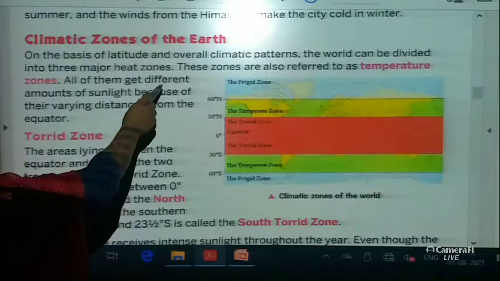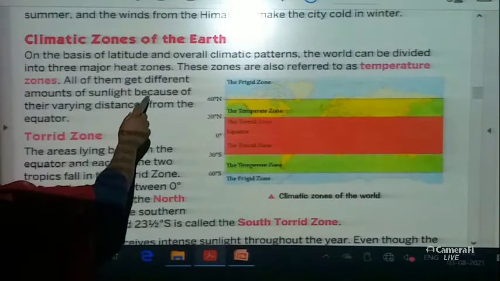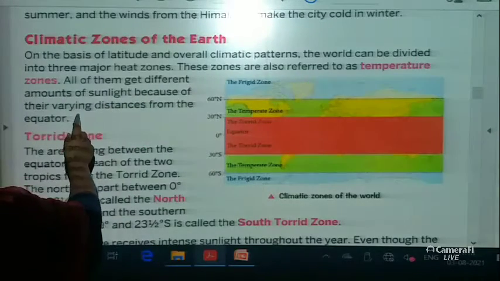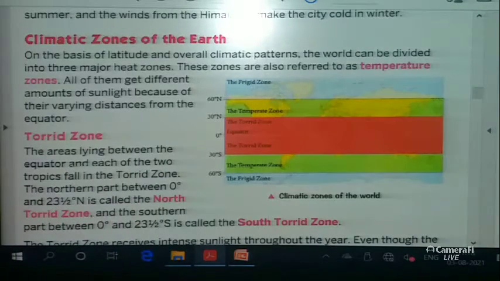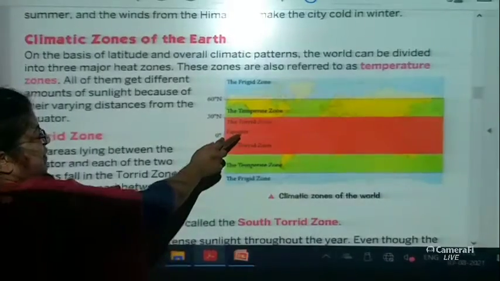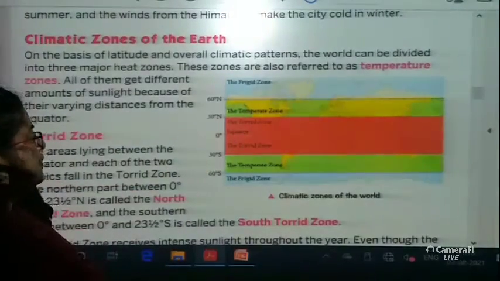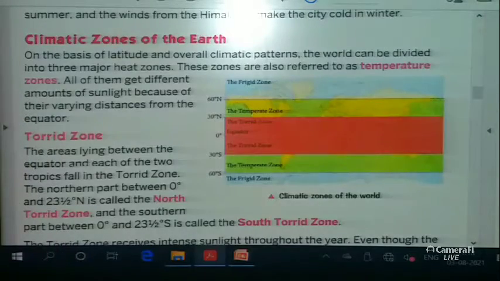All of them get different amounts of sunlight because of their varying distance from the equator. Because of the sun rays, the zones differ from each other. The equator receives the direct sun rays of the sun.